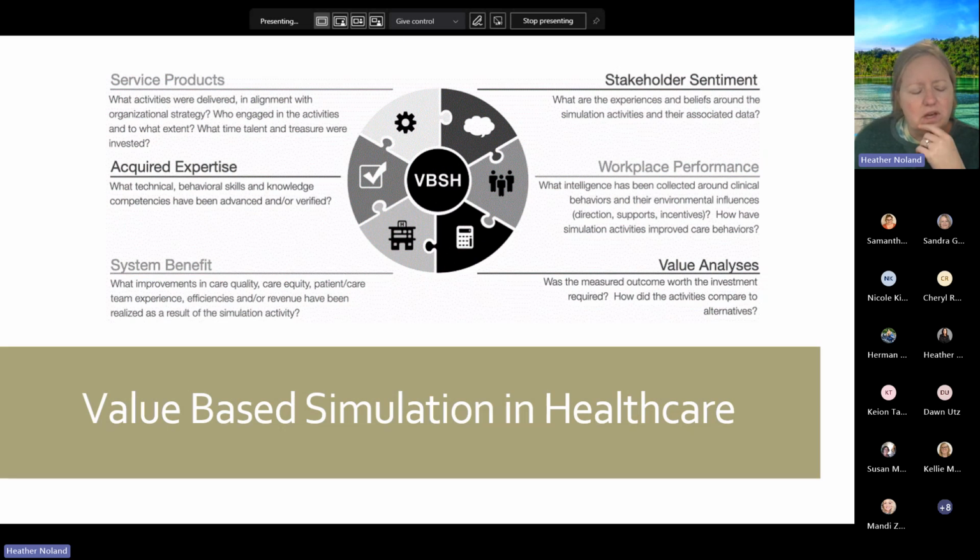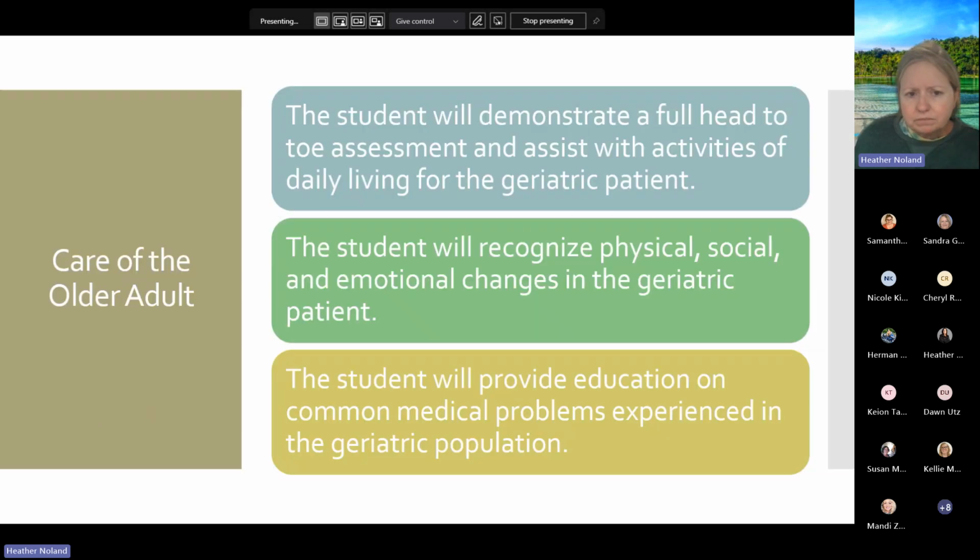So the Centra College of Nursing has loaned me one of their cases to look at. And so they recently integrated a care of the older patient. You'll see the objectives here on the screen, and we'll look at some of the data that they had obtained from a learner feedback tool that they filled out at the end of the activity.